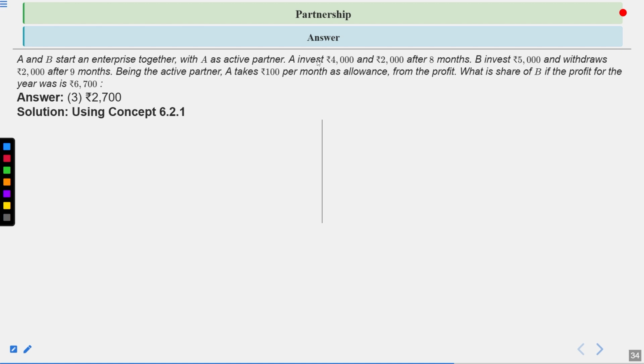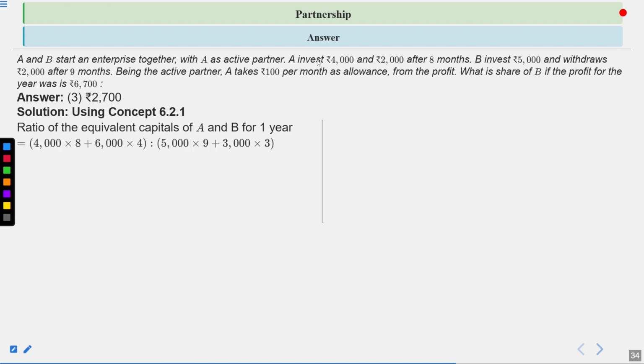Now see the detailed solution using concept 6.2.1 in this question. The ratio of the equivalent capital of A and B for 1 year becomes 4,000 multiplied by 8 plus 6,000 multiplied by 4, ratio 5,000 multiplied by 9 plus 3,000 multiplied by 3, because B withdrew 2,000, so the rest amount will become 3,000.